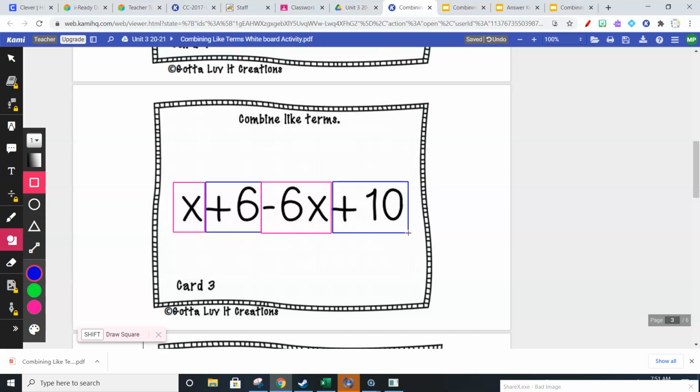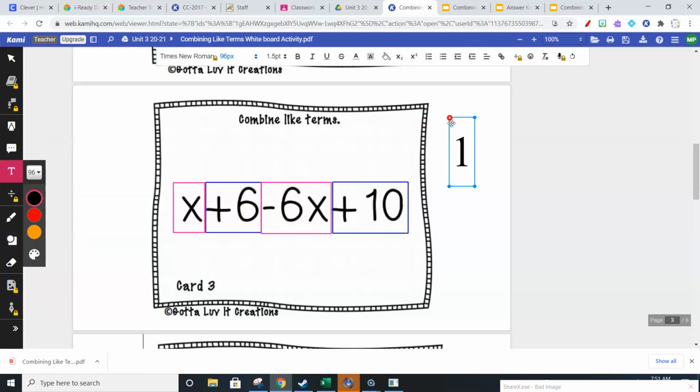Okay, so we want to put together our like terms. So we have 1x and we have negative 6x. So we're putting together 1 and negative 6. Okay, and if you need to, that's 1 minus 6.